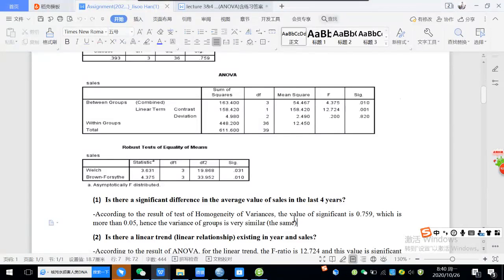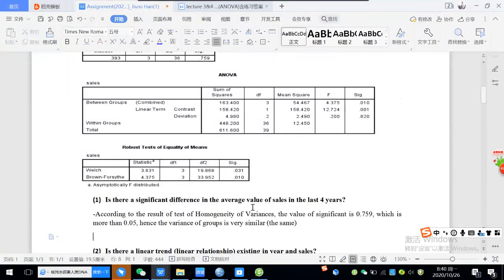Here is the pre-test. So after you have this conclusion, next you need to answer with the one-way ANOVA.